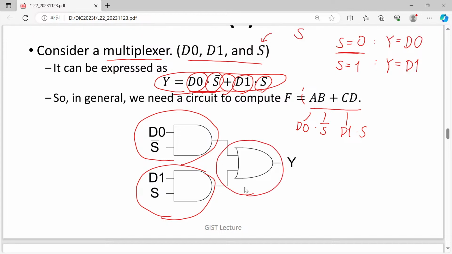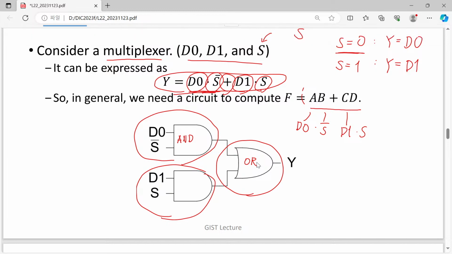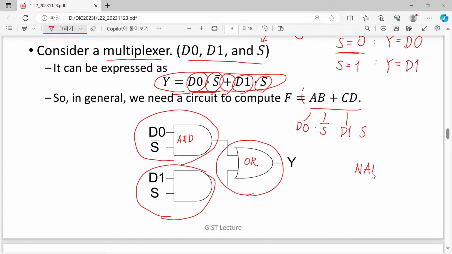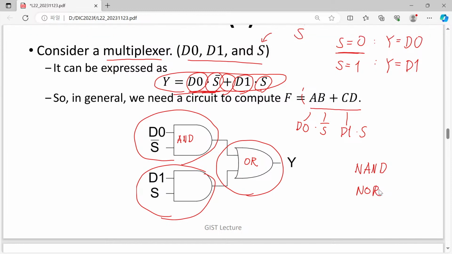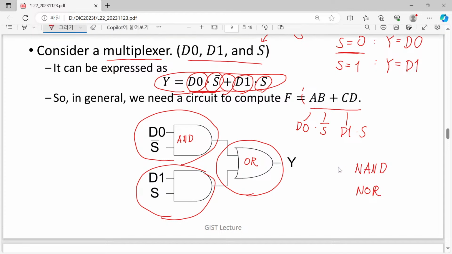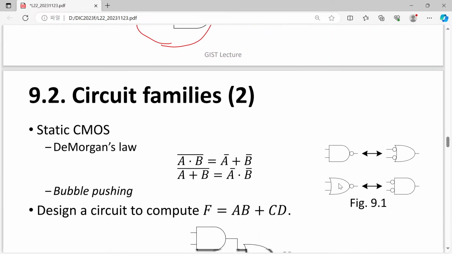But now everybody understands that actually AND and OR, these logic gates are not readily available to us, because instead of that, we wanted to have NAND and NOR. So how can we change this desired operation into one using NAND and NOR gates? That is a simple question.